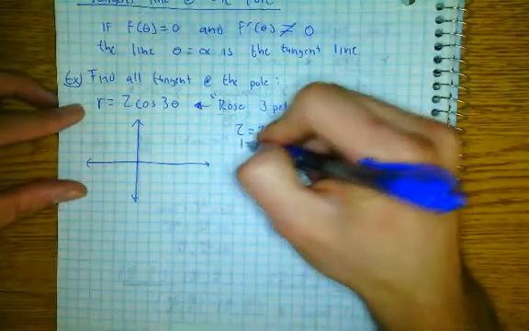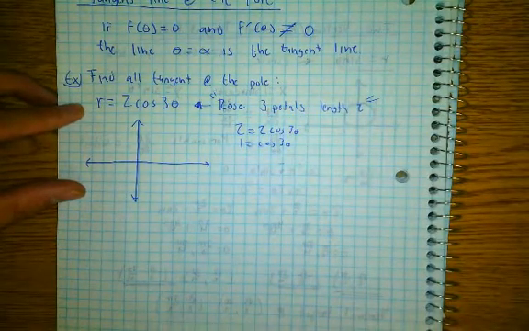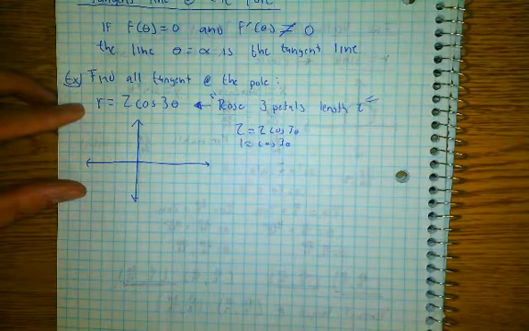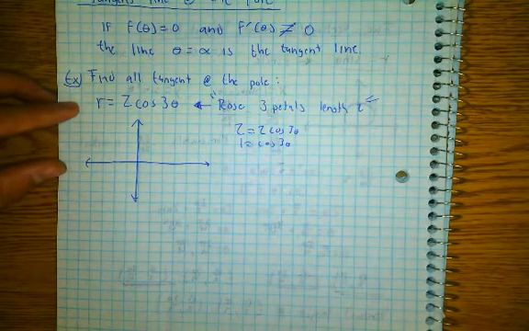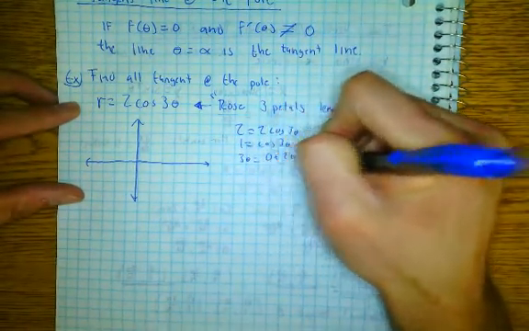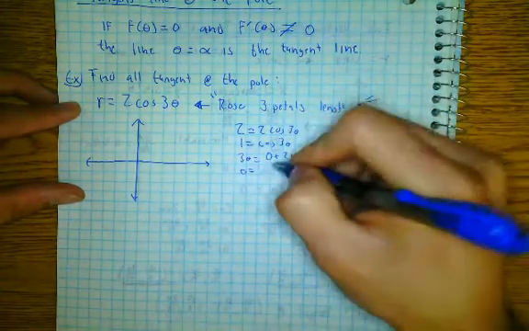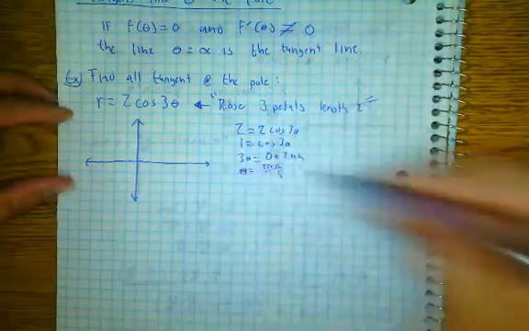If I divide by 2, that means that 1 equals cosine 3 theta, right? Which means that where is cosine 1? At 0 radians, right? So 3 theta equals 0 plus 2 pi n. So theta equals 2 pi n over 3, right?